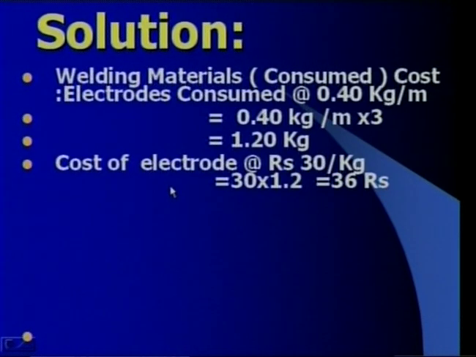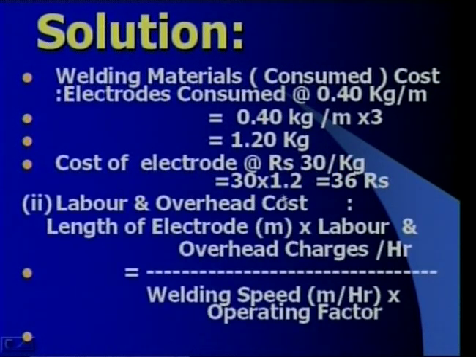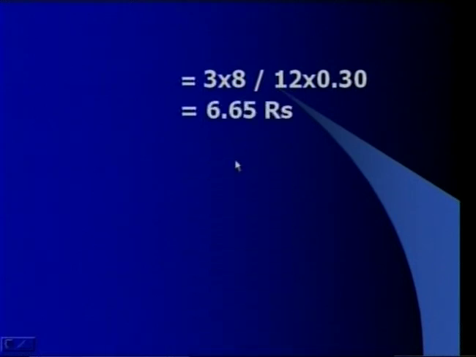Next, labor and overhead costs, which can be calculated as we already learned from the simple formula, that is length of the weld multiplied by labor and overhead charges per hour divided by welding speed multiplied by operating factor. The same thing if you do, that is 3 multiplied by 8 divided by 12 into 0.30, we will be getting 6.65 rupees.